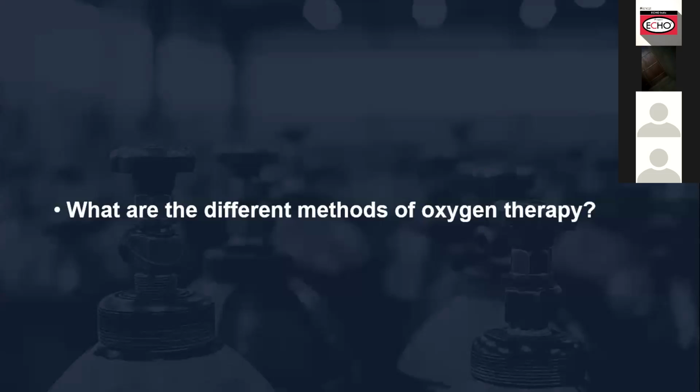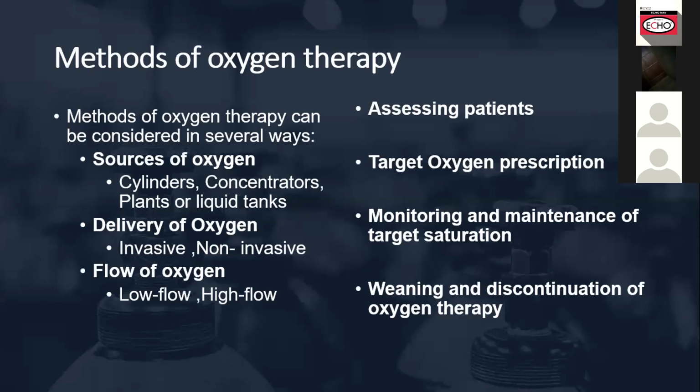So what are the different methods of oxygen therapy? In the answer, next slide, the methods of oxygen therapy can be considered in several ways. Of course, the source of oxygen: what you have, a cylinder, concentrator, plant, or liquid tank.